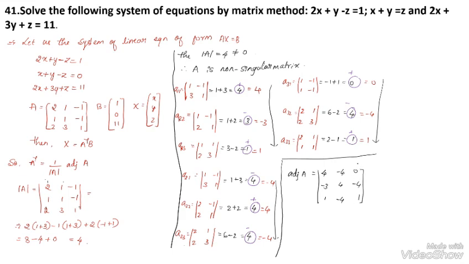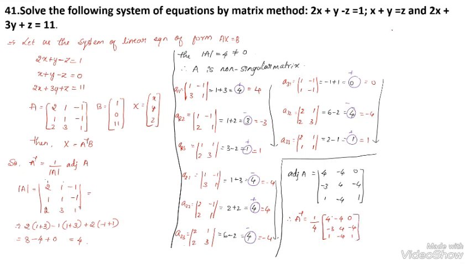This is the adjoint. We want A inverse. Therefore, A inverse is equal to 1 by the determinant, which is 4, into 4, minus 4, 0, minus 3, 4, minus 4, 1, minus 4, 1.